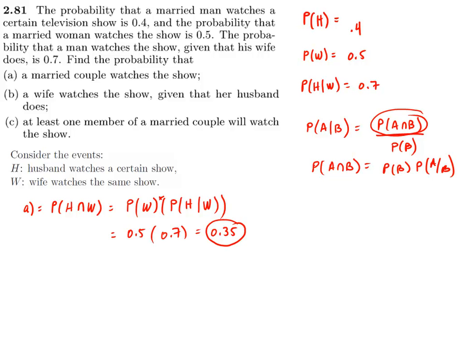Yeah, the problem is not telling you at any point that the events are independent. And this conditional probability is giving you an idea that those events are overlapping at some point.